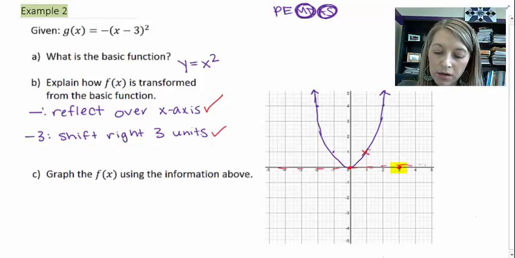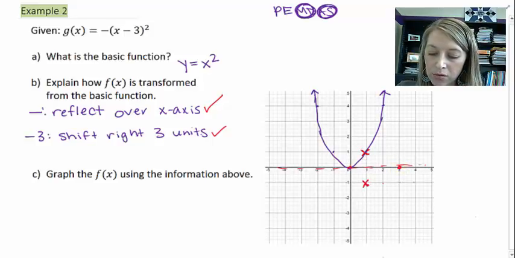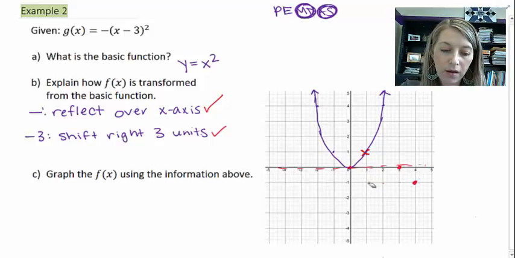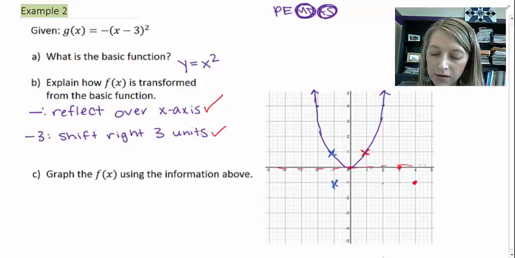Okay, let me do here. If I reflect it, it moves it here. And then if I shift it right, 1, 2, 3, that moves it here. If I do this guy and reflect it, it moves it down here. And then shift it, that moves it here.